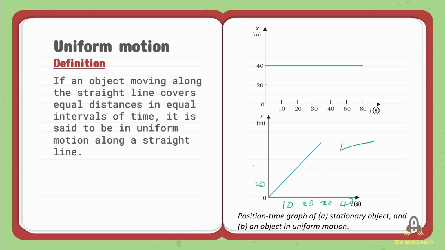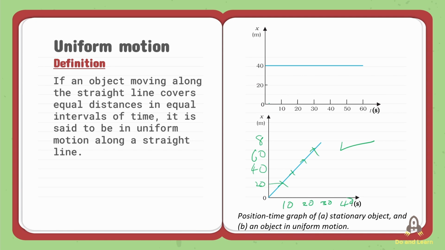At 20 seconds, 40, at 30, 60, at 40, 80. So if you mark the points, you will get a straight line. But the first one shows the object is not in motion.